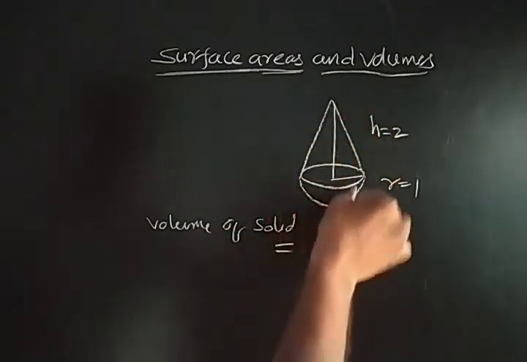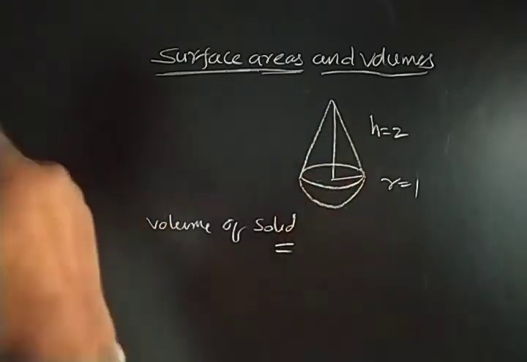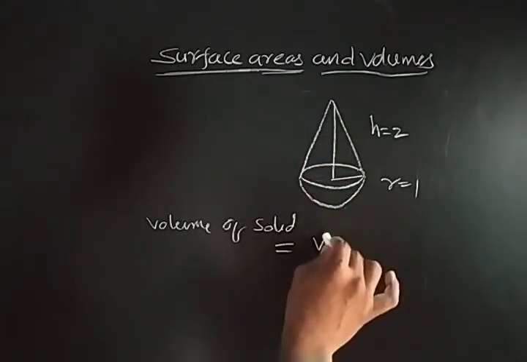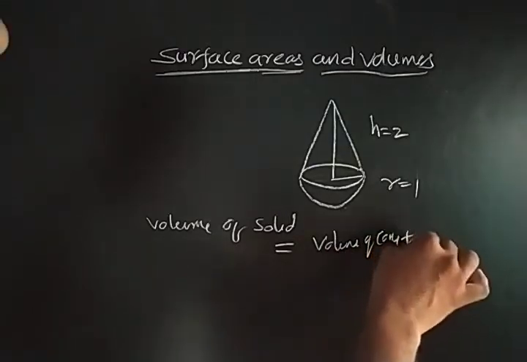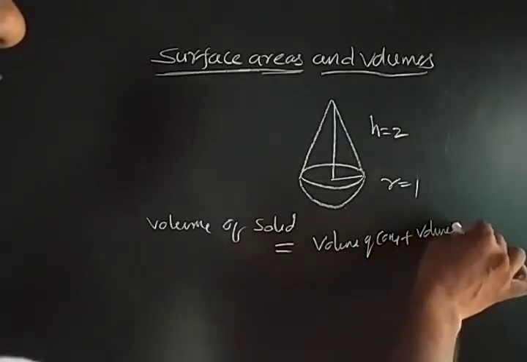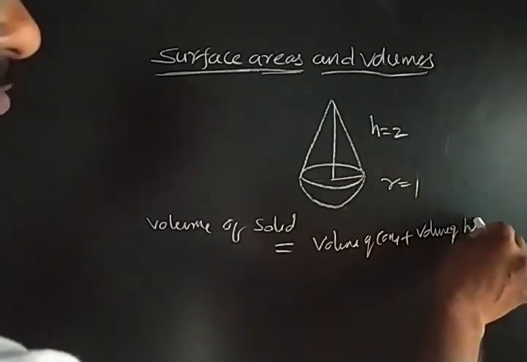Now how to find the total volume of the solid? It is a combined figure of cone and hemisphere. So we have to find the volume of cone plus the volume of hemisphere.